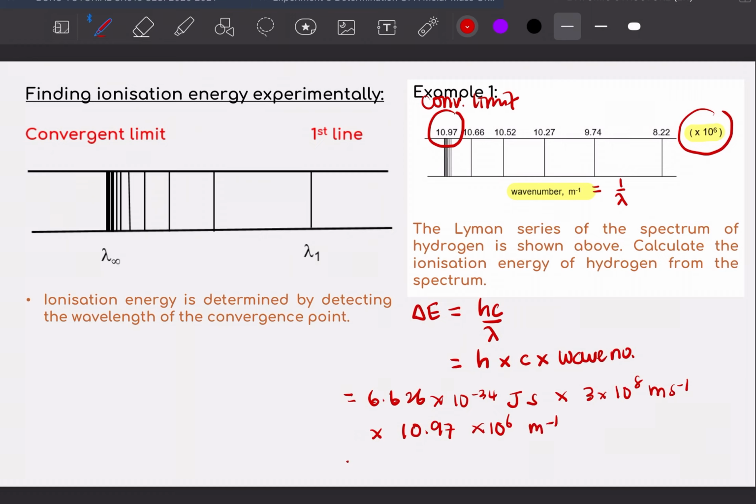Okay, so nanti awak punya jawapan bila awak cancel the units, you will get it in joule. Right, but that is not your final answer because your ionization energy must be in kilojoule per mole. So that means you're going to take that value tadi in joule, sorry, times with your Avogadro constant, okay?